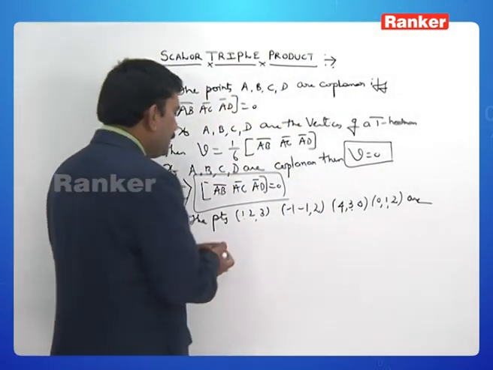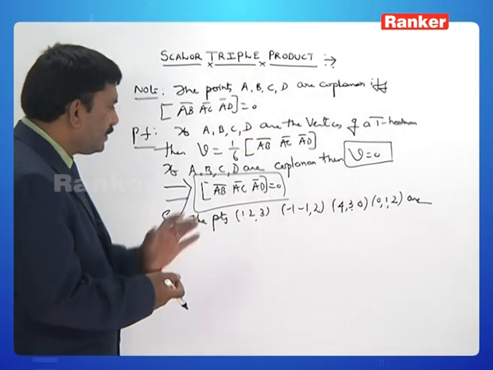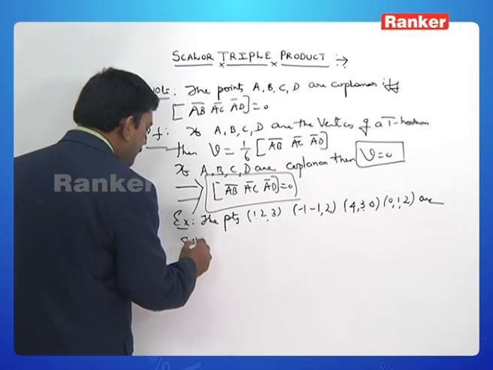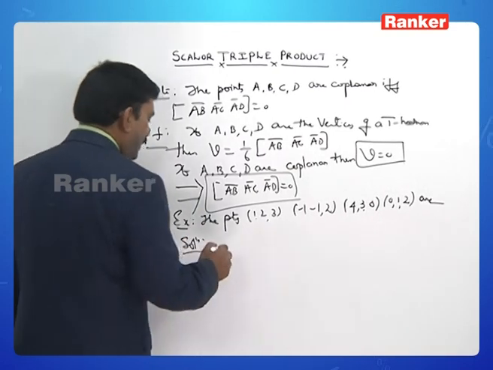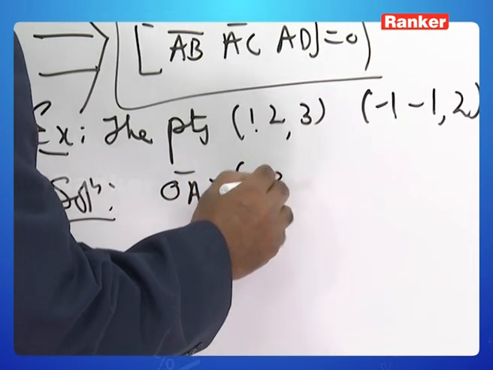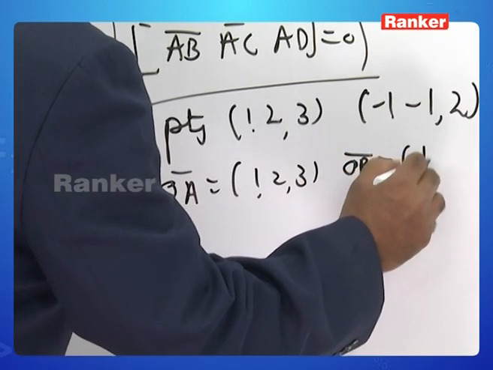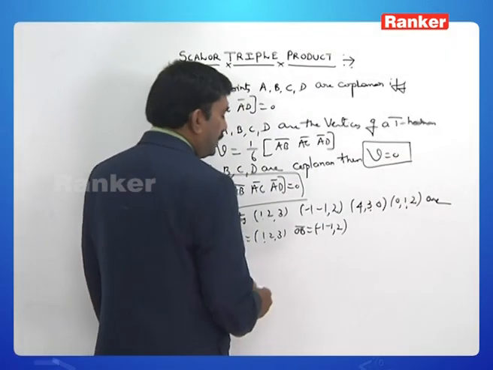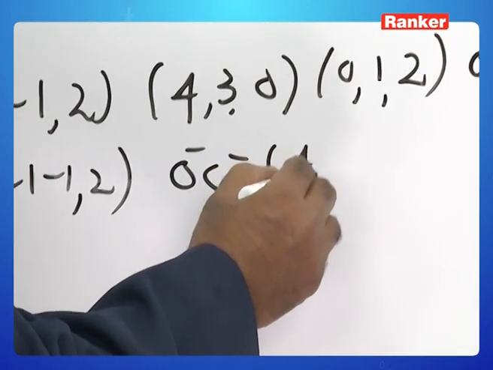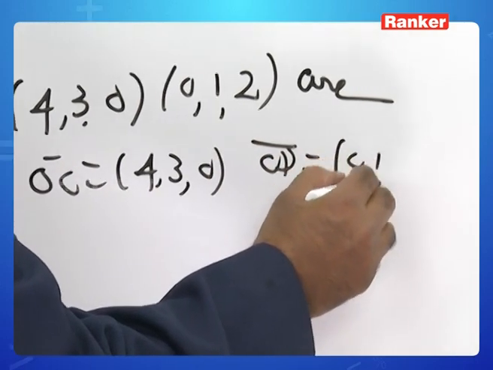Now what I do is, when the points are given in terms of coordinates, they must be expressed in terms of i, j, k. You take OA bar is equal to 1, 2, 3, OB bar is equal to minus 1, minus 2, and OC bar is equal to 4, 3, 0, OD bar is equal to 0, 1, 2.